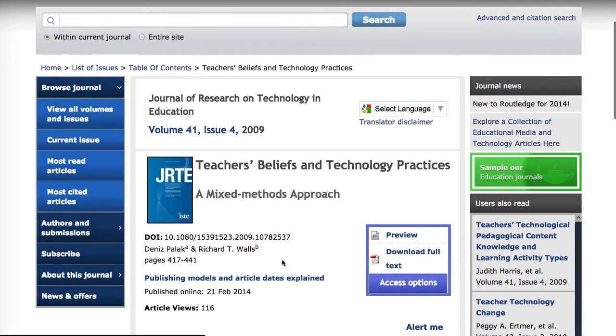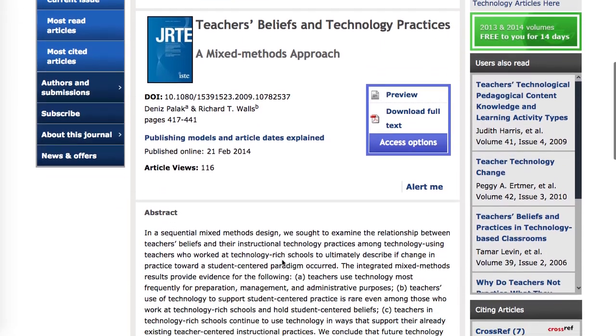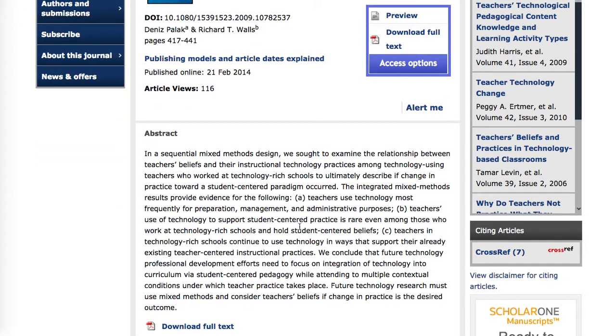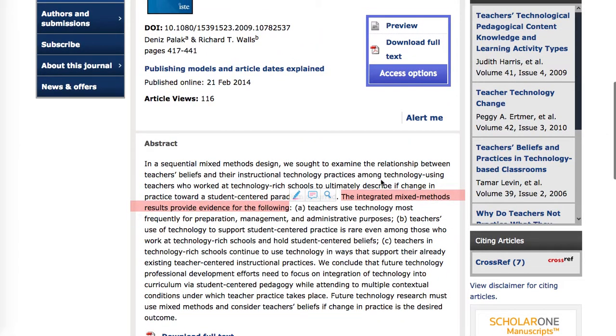You will need to sign into your Hong Kong U account, I believe, to access this article, and you can read the abstract. And this research project used mixed methods, and you can read the article to find out more about the specific methods in this mixed methods study.